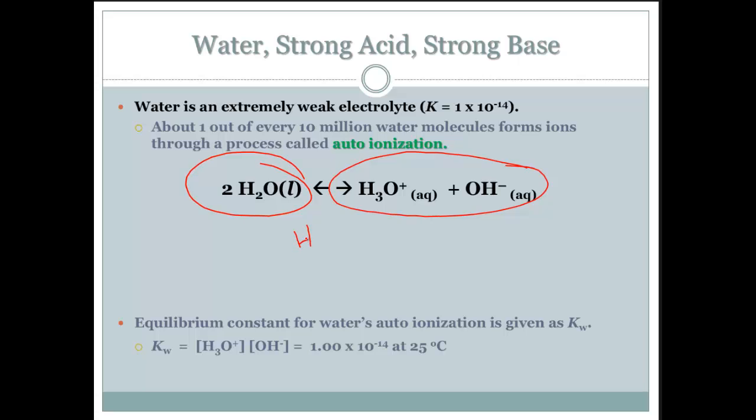So H3O plus times OH minus over the reactants, but the reactant is a liquid, so we don't include this in the equilibrium constant. So this is then equal to 1 times 10 to the negative 14. This equation becomes very important when we start doing pH calculations.